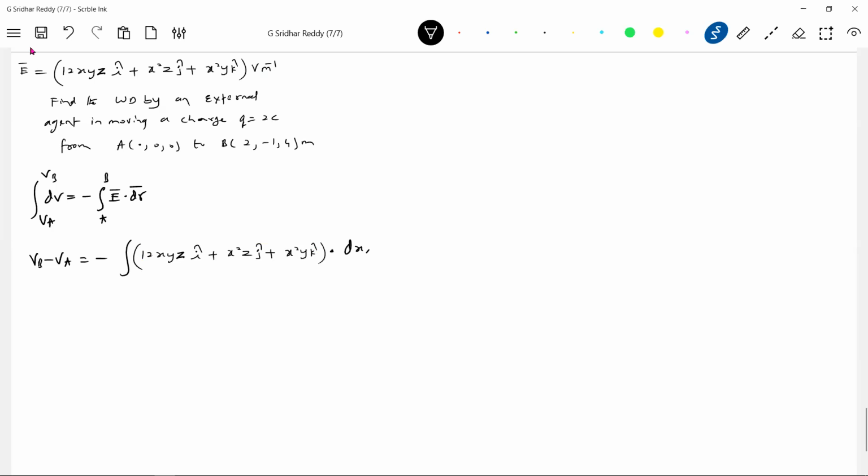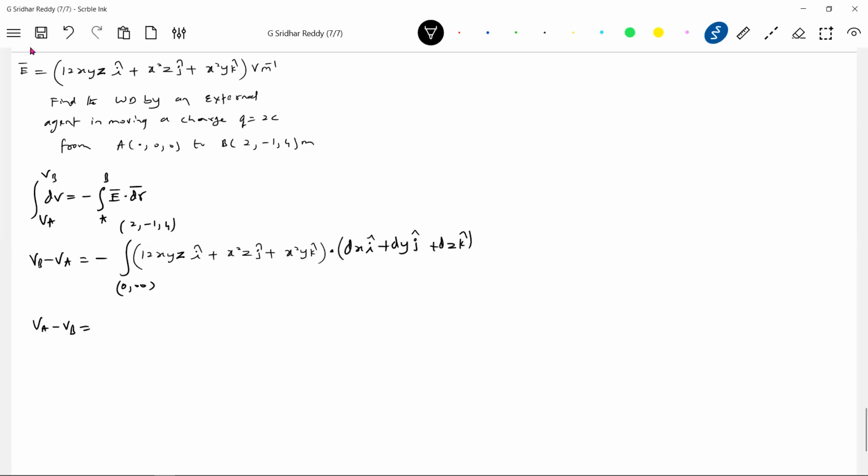dot dx i cap, dy j cap, dz k cap. The limit will be 0, 0 to 2, -1, 4. VA minus VB, the negative sign I send on this side.